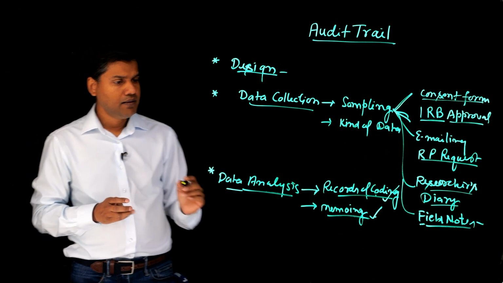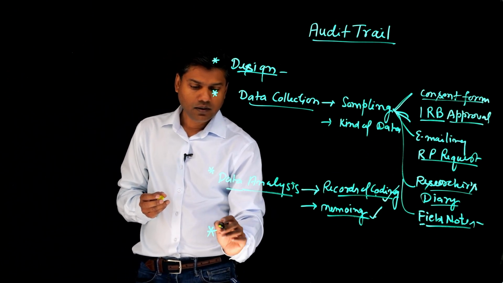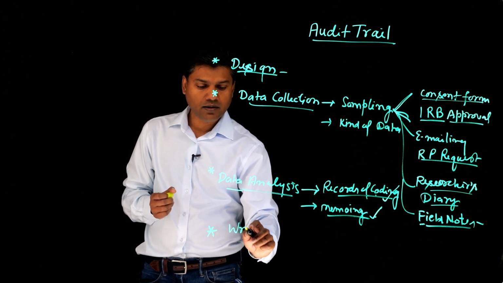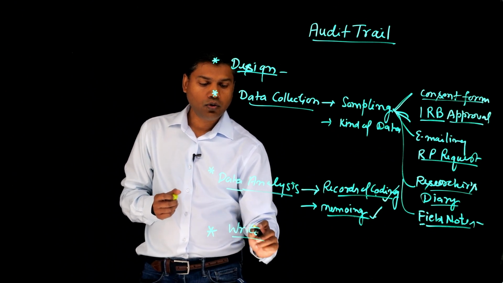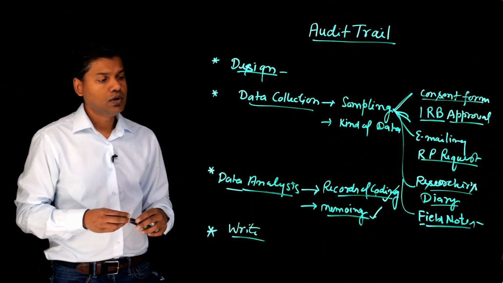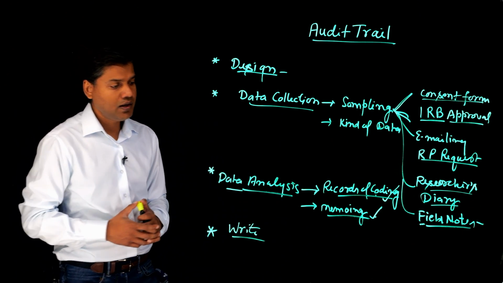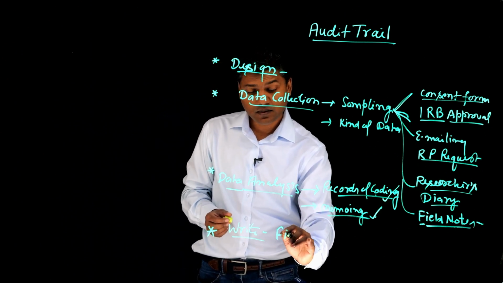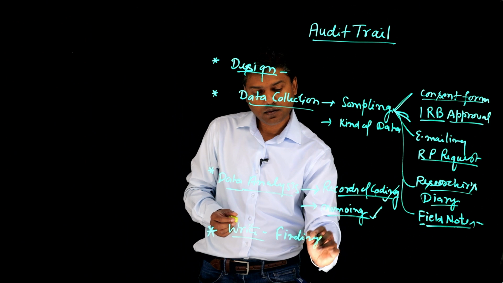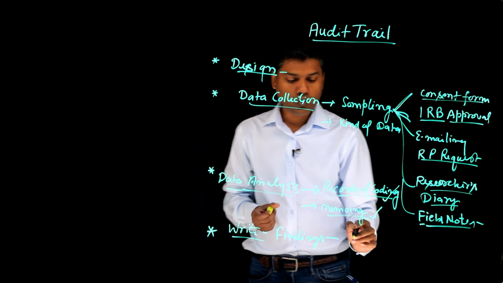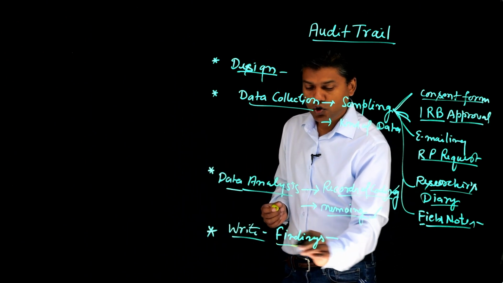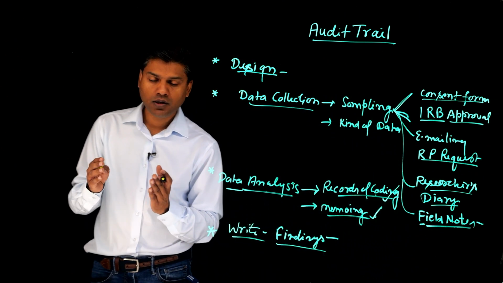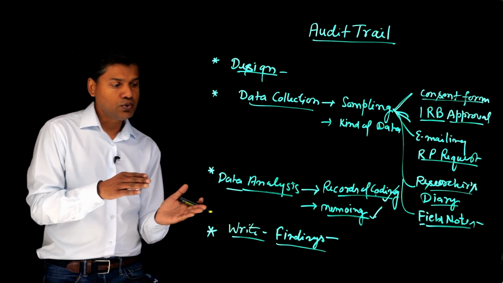After you are done with your data analysis, when you write your manuscript, that's also a process in a way, particularly when you write your findings section. In the findings section, you are writing the themes that are emerging, and to support those themes, you are using some excerpts.